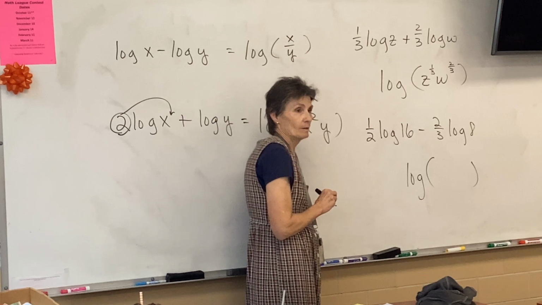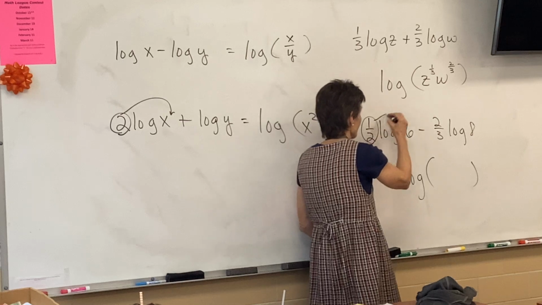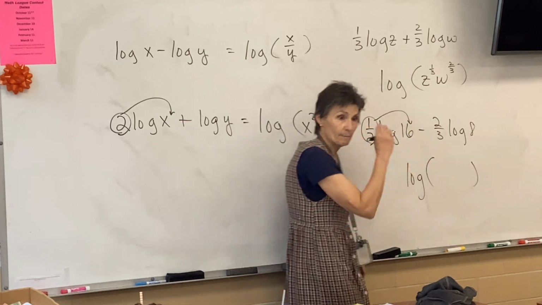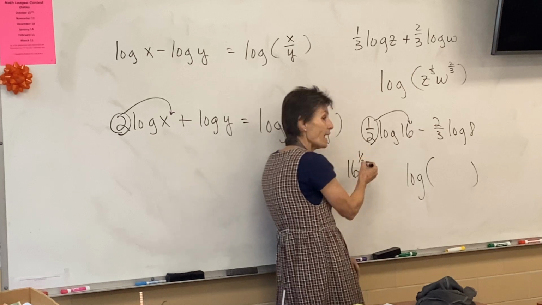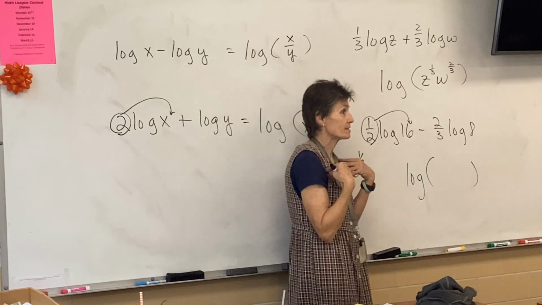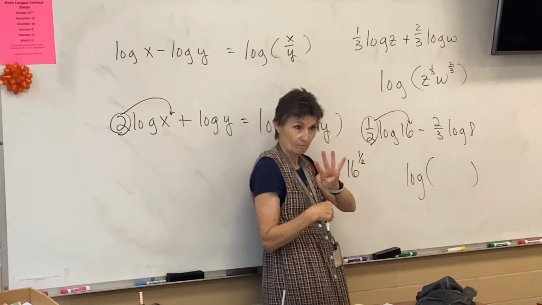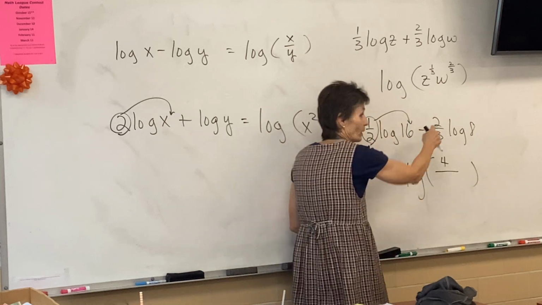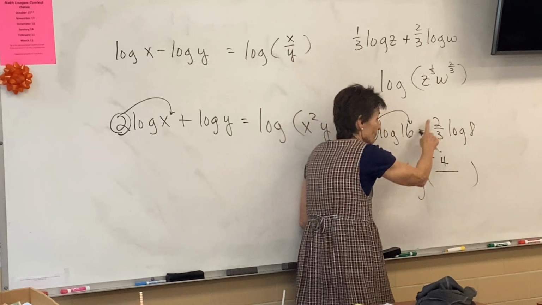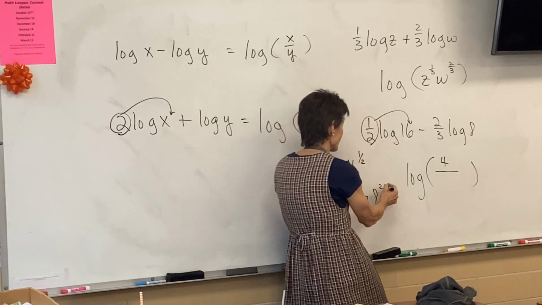Let's see. So what happens to the 1/2? Well, it becomes an exponent. So it's 16 to the 1/2, which means the square root of 16, which is 4. So that's a 4 over whatever this is, division. Okay? So that says the log of 8 to the 2/3.